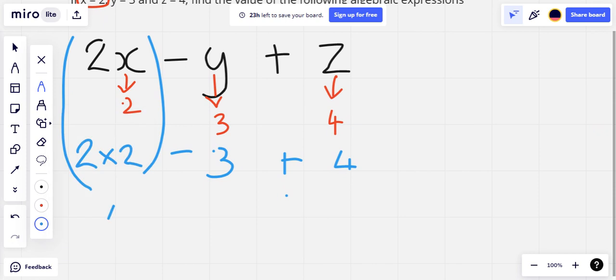So 2 times 2 is 4, minus 3 plus 4. So 4, and we take away 3 is going to leave us with 1, and that 1 plus the 4 is going to equal 5. There you go. There you have it. And that is our substitution.